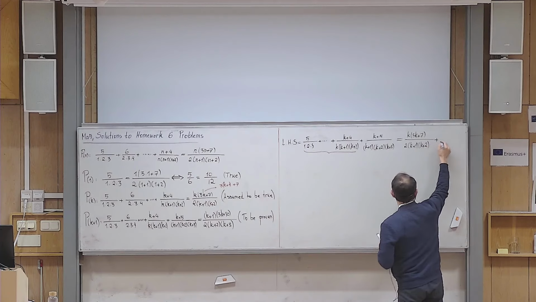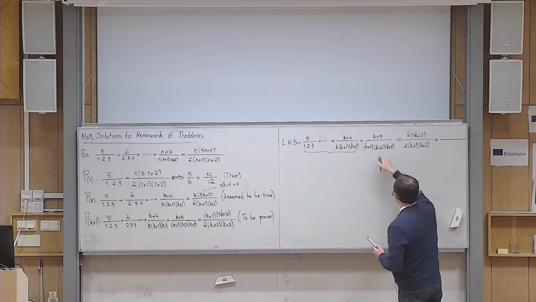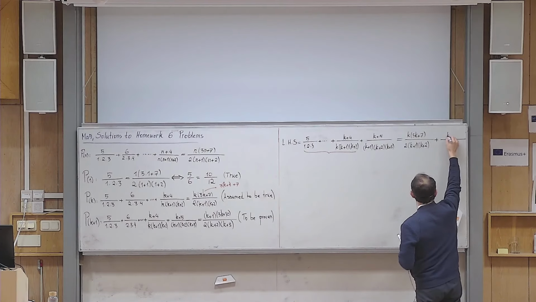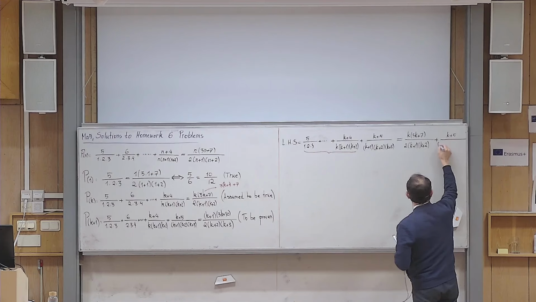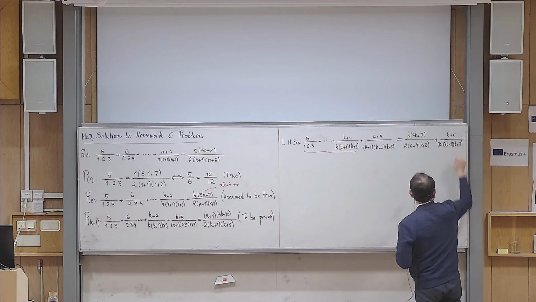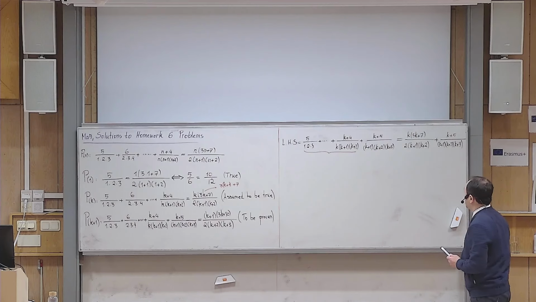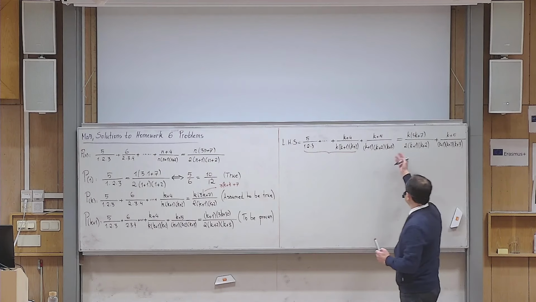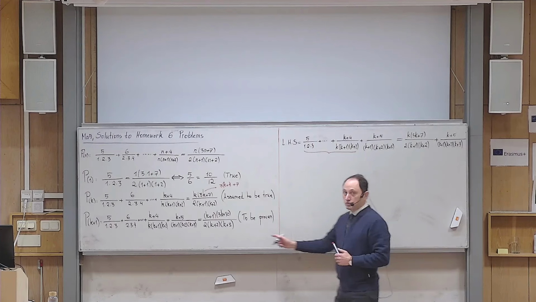And then plus, I will write this one as well: (k plus 5) divided by (k plus 1)(k plus 2)(k plus 3). Now my goal is to simplify this to reach the other side.